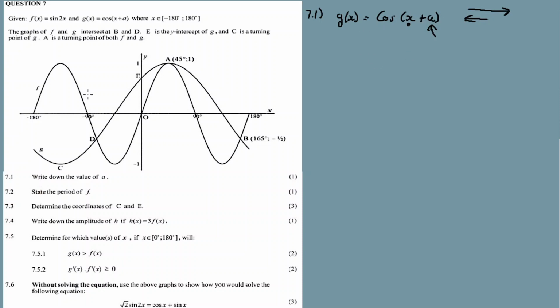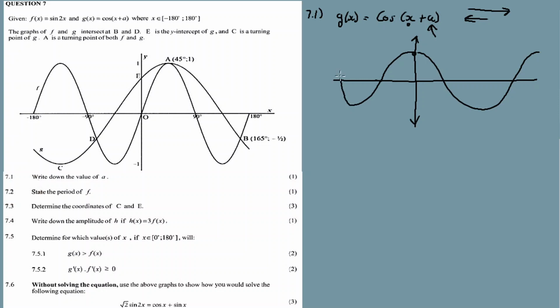The function cos without the a is the parent function, so the parent function looks something like this. Where does it start?